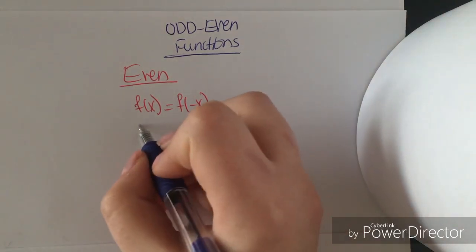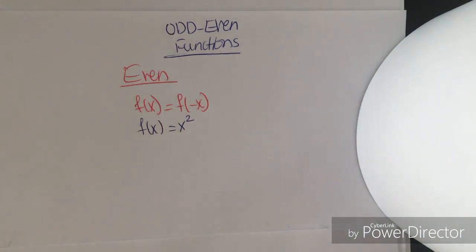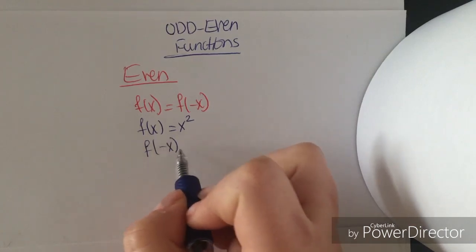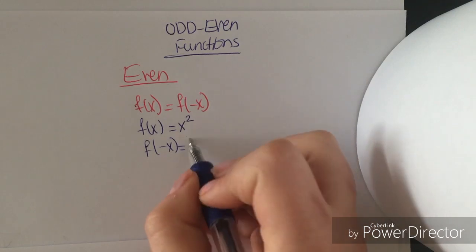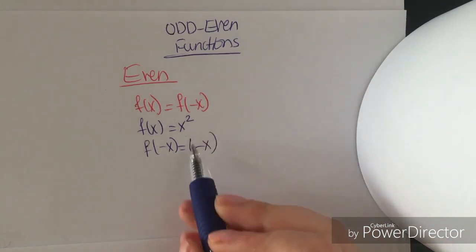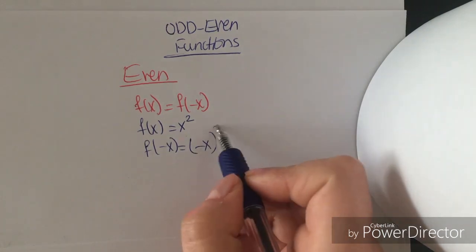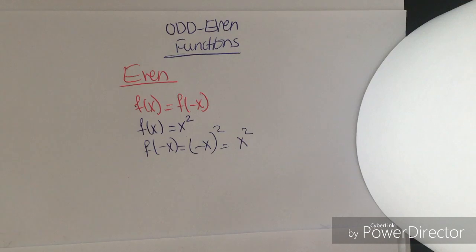If we have f of x equals x squared, a quadratic function, and then we say, what is f of negative x? That means whenever we see x, we just put negative x. Don't forget to put parentheses around x. Then negative x, quantity, squared is the same as x squared.